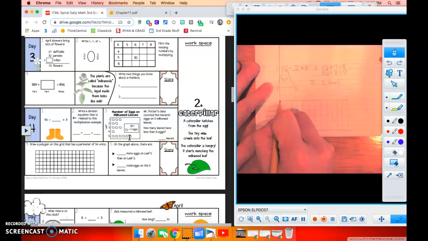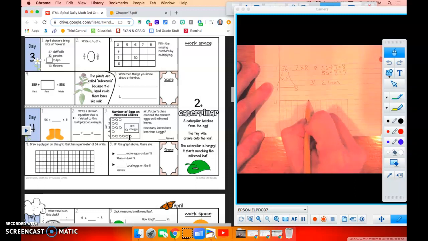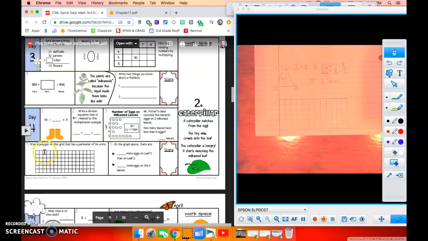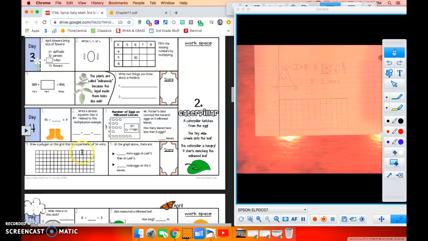Let's go, there's 1, 2, 3, 4, 5, 6, 7, 8, 9, 10, 11, 12. I have 12 all the way across. On your picture, there's 1 through 16, so you have 16.